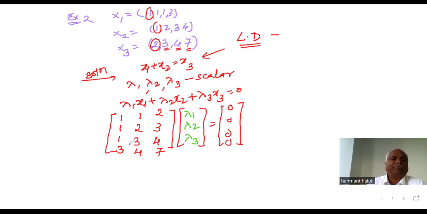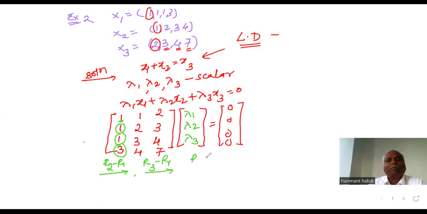Now again the same procedure: make the entries below the first leading element 0. This is the leading element, below that we have to make 0 by elementary transformations. I'll write here the transformation R2 minus R1, giving the first entry 0. And R3 minus R1, we get the second element 0.